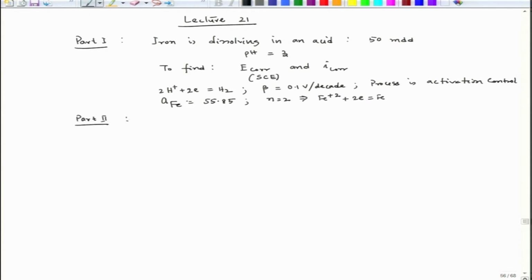will start: passivation, understanding passivation and mixed potential theory associated with passivity.